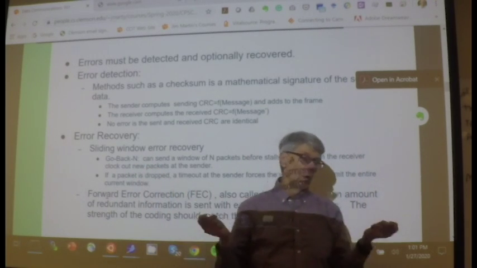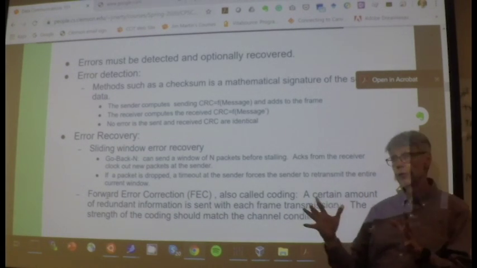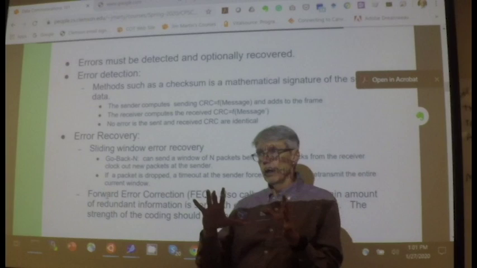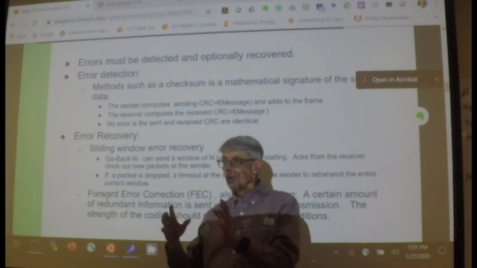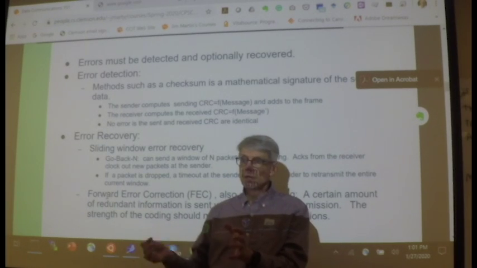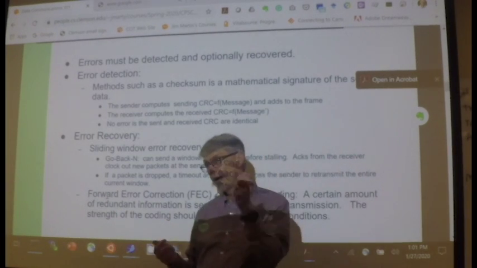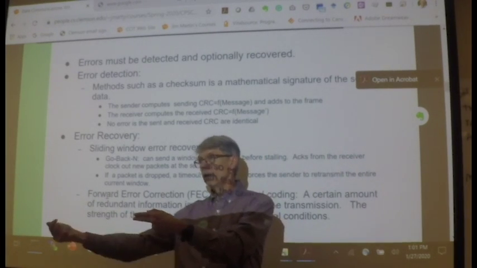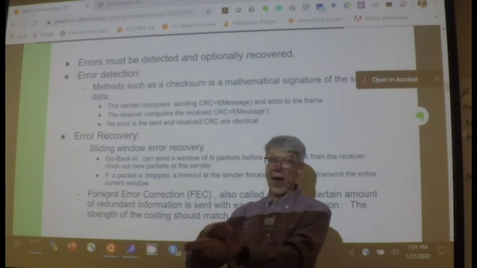Okay, so in that case, there's a couple of options. Certain MAC layers will actually provide their own recovery. For example, with Wi-Fi, whenever it transmits a frame in normal operation, the receiver should send an ack.